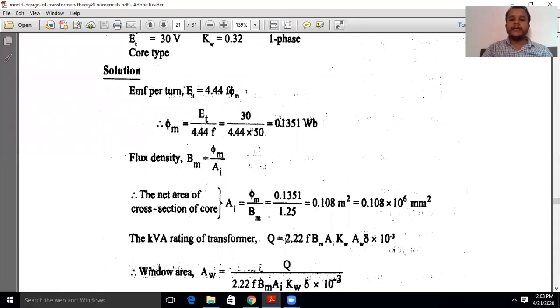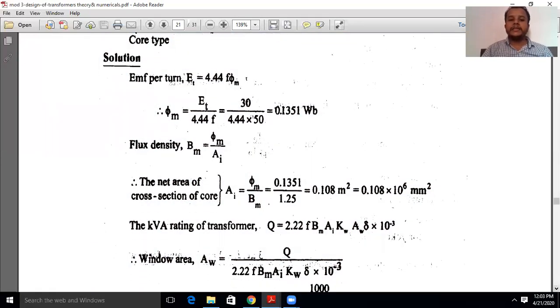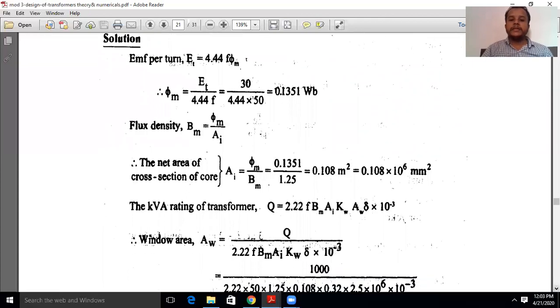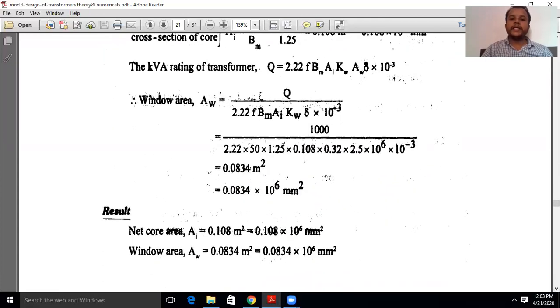This is the kVA rating of transformer equation. Now by this, just calculate the unknown, that is Aw. So we can calculate the Aw as 0.0834 into 10 raised to 6 millimeter square. So this is the window area of the transformer.